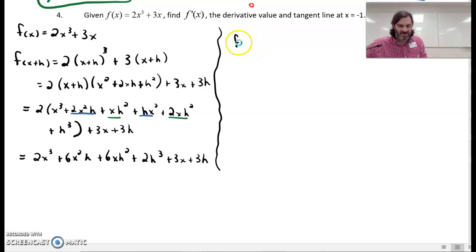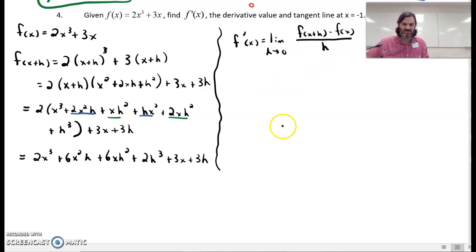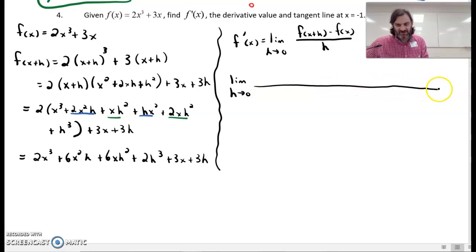So remember our derivative definition, f prime equals the limit as h approaches 0 of f of x plus h minus f of x all over h. So we went to all this trouble to find that f of x plus h. So let's go ahead and see if we can stick it in here. So limit as h approaches 0 of a really nasty fraction that'll have an h on the bottom.